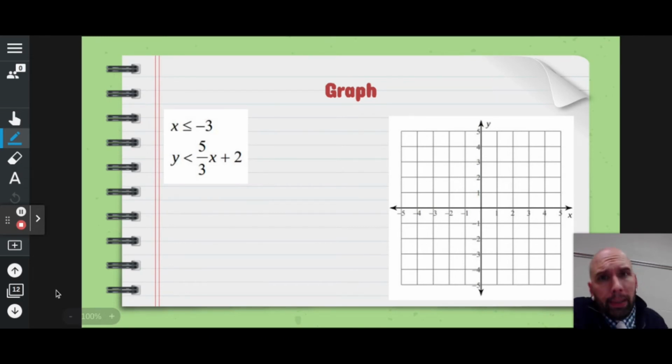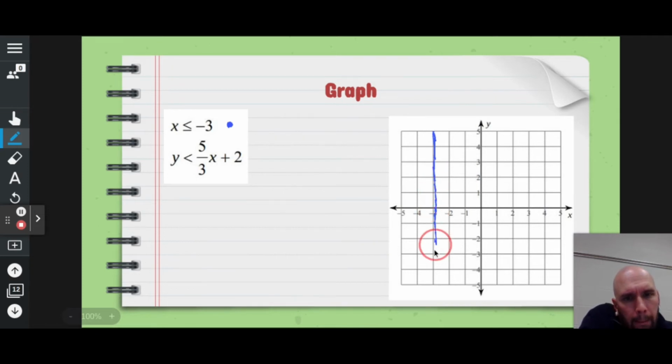All right, welcome back. I'm going to graph you on a coordinate plane. And I'm going to start out by graphing it in blue. So this is x is less than or equal to -3. Something in the form x is equal to, or x is less than or equal to, is going to be a vertical line. Since this is less than or equal to -3, it's just going to be a vertical line going through -3.